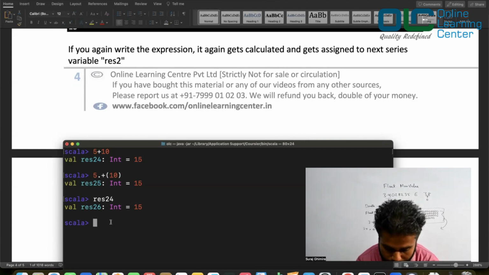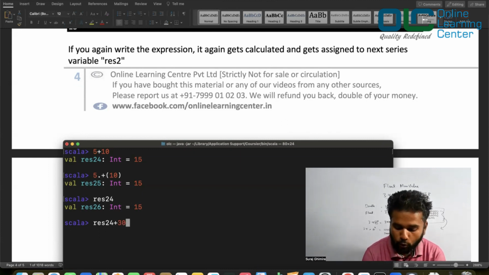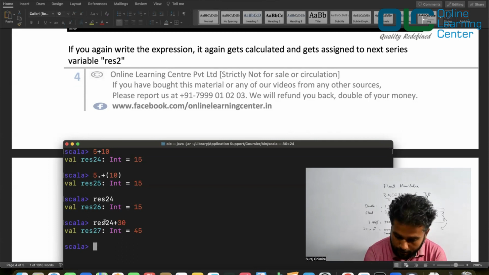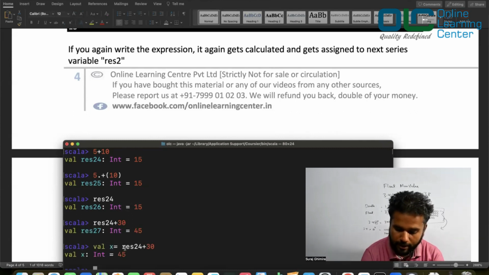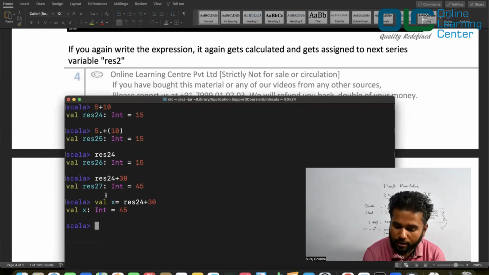Now if I say res24, 24 means 15 plus 30. If I do one more operation, then this will be again calculated, and it is actually getting assigned to a temporary variable res27. However, if I write var or val x is equal to, then in this case, a new variable res28 was not created.